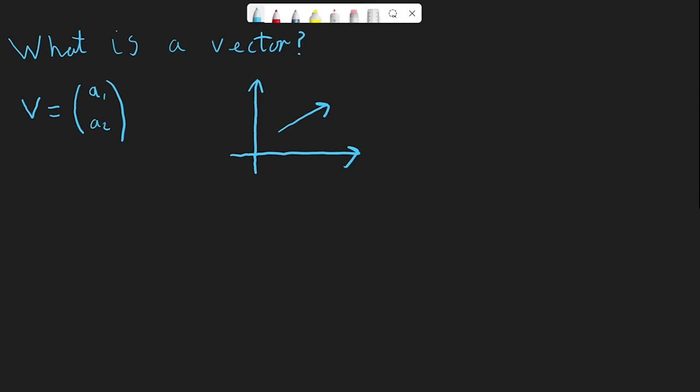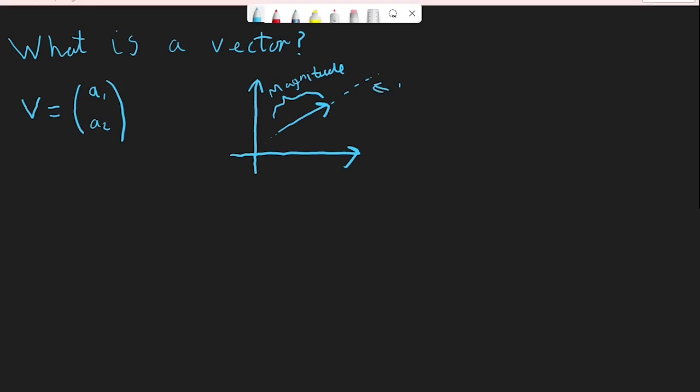So what we know about this arrow is that it has a magnitude or a length, but often we call it magnitude. And it has a direction. So this is the direction, and we could continue this direction anywhere.